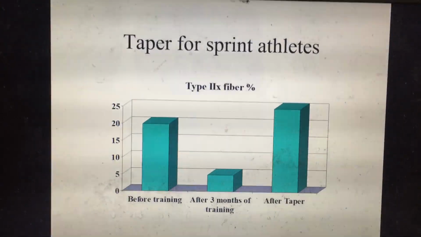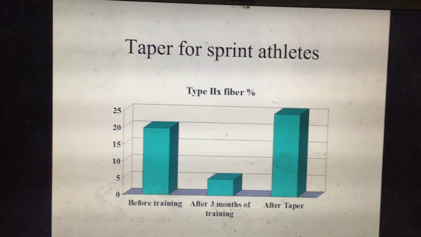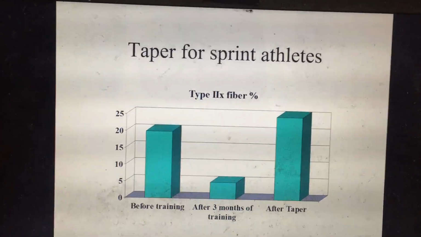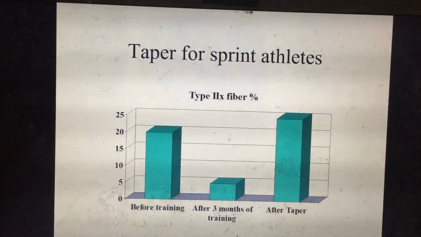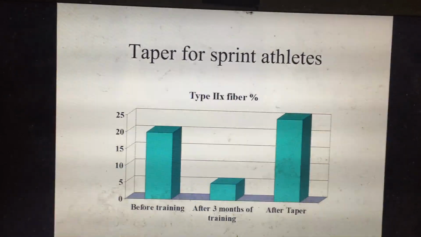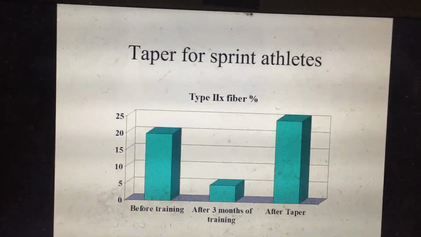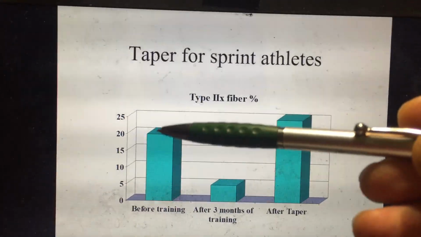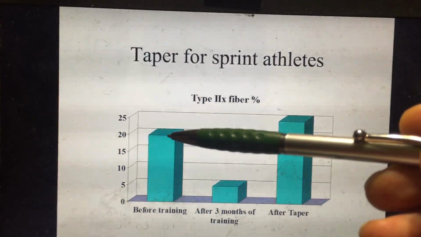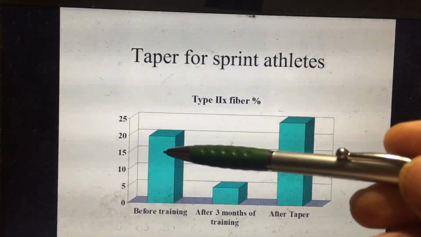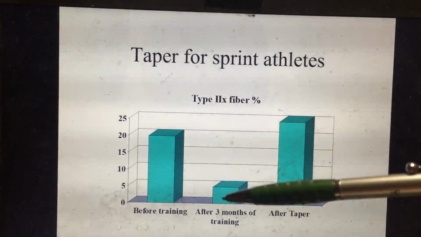So tapers are usually done, say 1 or 2 weeks before an important competition. So this is an example of a taper for sprint athletes. Tapers usually involve decreasing the volume of training. In this case, the taper for the sprint athlete, with intense training, they've reduced their type 2X fibers. It gets converted from type 2X pretty much to type 2A.